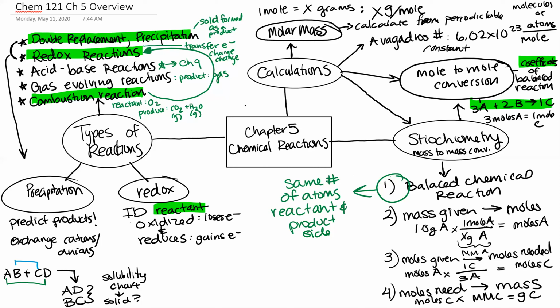They can get more complicated and they can get simpler. If we're given the mass of two of our reactants, then we have a limiting reactant problem.